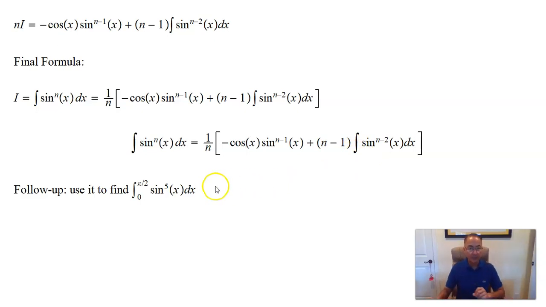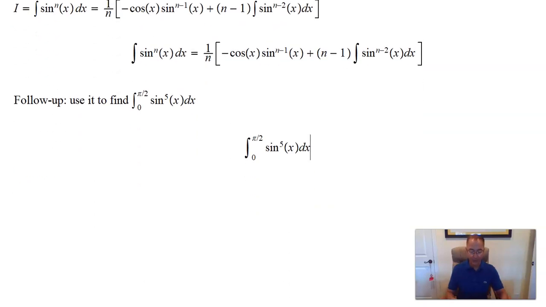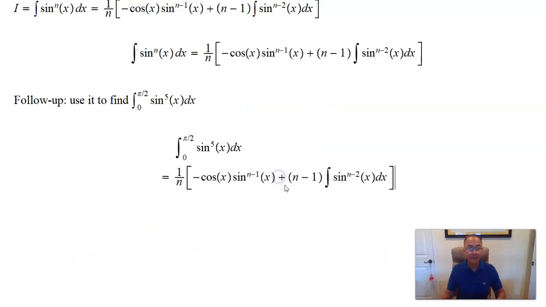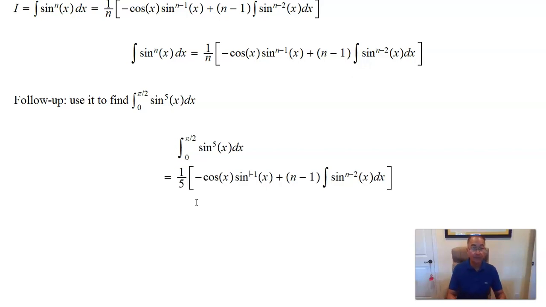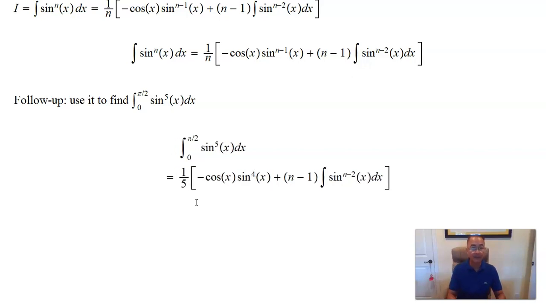Okay, so we want to apply this formula to find the definite integral from 0 to pi over 2 of sine to the 5th power dx. So our n is 5. According to this formula, we will get 1 over 5 times minus cosine x sine to the 5 minus 1, to the 4th power of x.